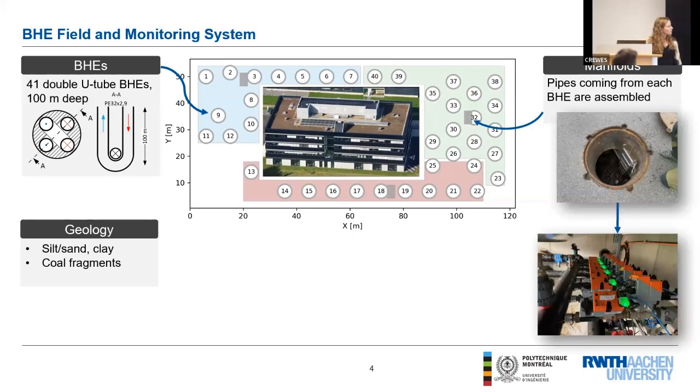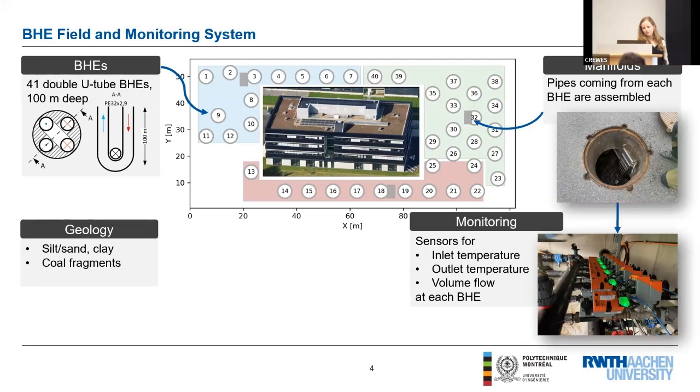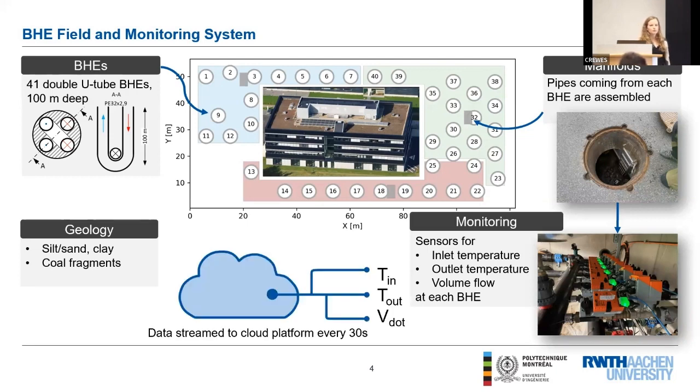So each borehole has a BELIMO valve, that's this orange thing, and sensors for the inflow temperature going into the borehole, the outflow temperature, and also the volume flow. And this data is recorded in 30-second intervals and streamed to a cloud platform from which it can be visualized and inspected for further analysis. And this data is available from 2011 up to now, so it's a huge data set.